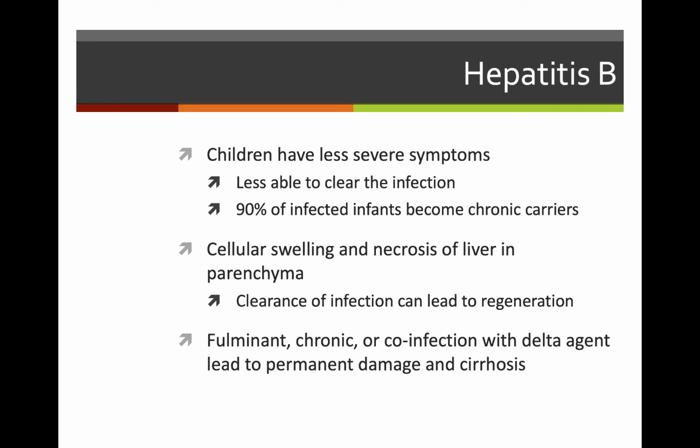The same thing here. The virus has abused your liver so much that you have permanent damage and cirrhosis that cannot be regenerated. And at that point, we would have to talk about a liver transplant as being the only way to survive.